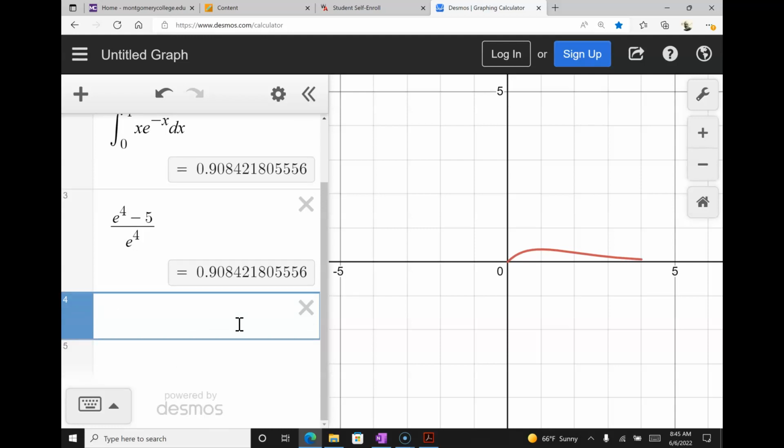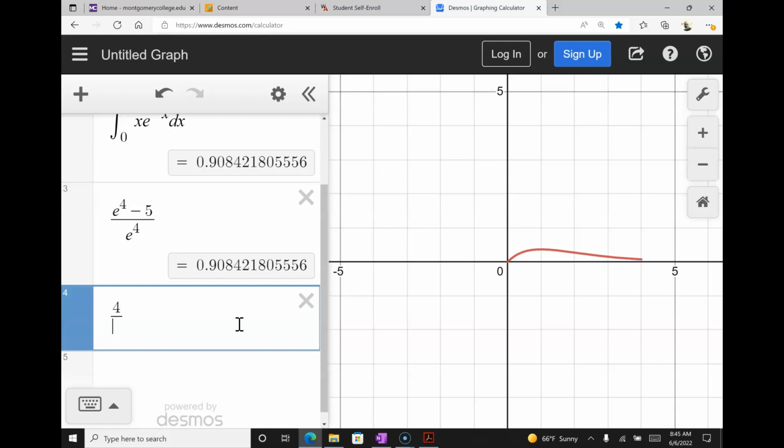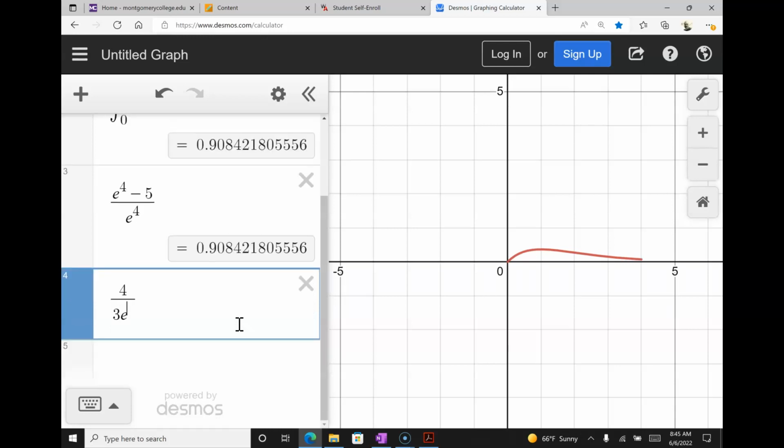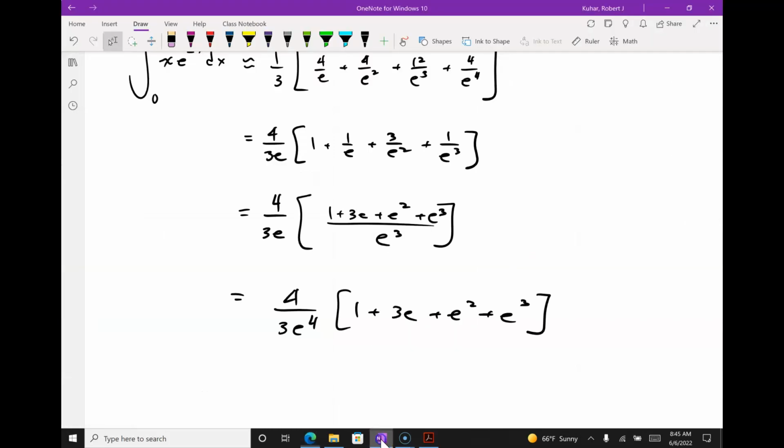What do I have? 4 divided by 3e to the 4th. And I forget already. 1 plus 3e plus e squared plus e cubed.